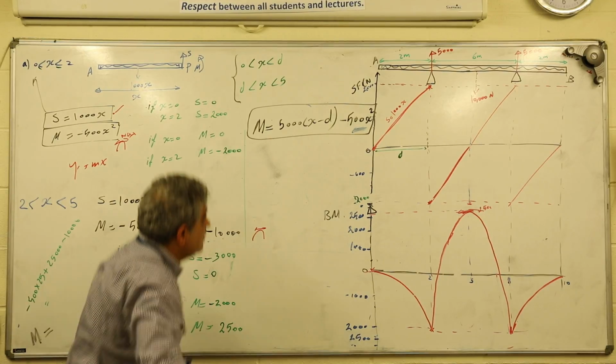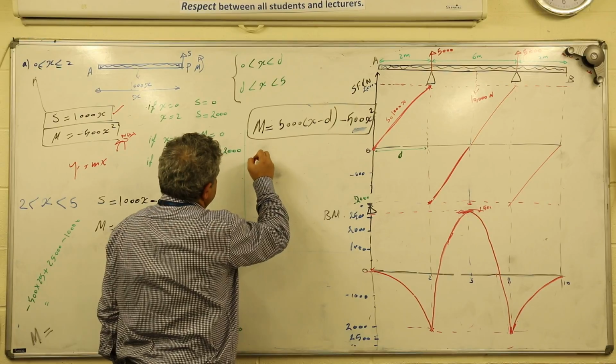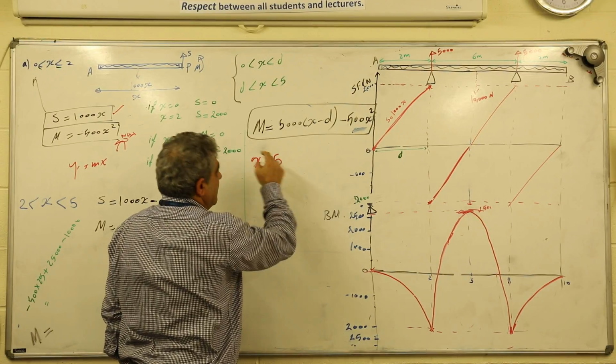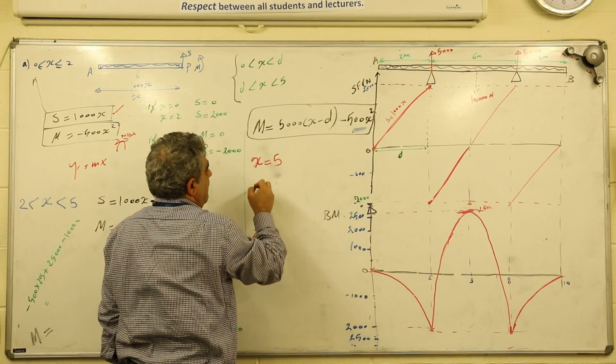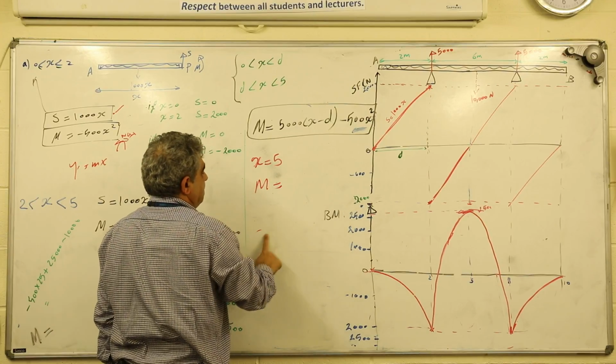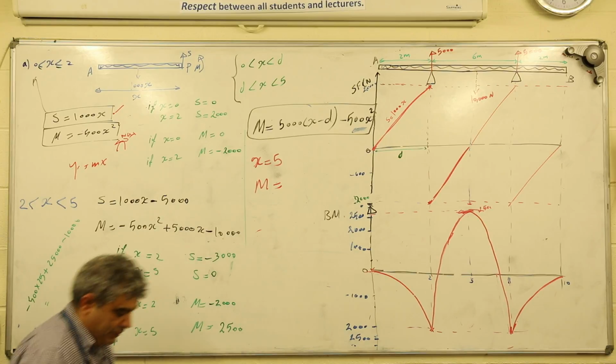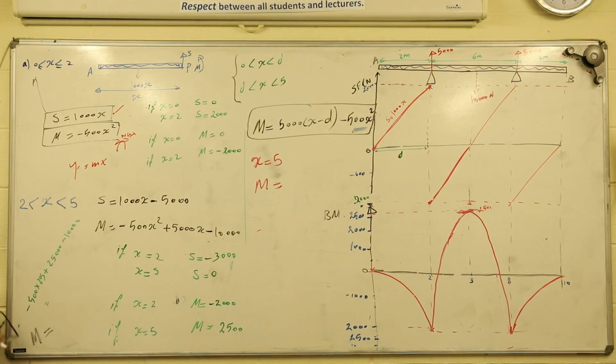Okay, so let's go x is equal to 5. If the equation would be like this, how much would it be for this situation? I mean the equation of the moment, not the value, because you don't have a d yet. 5,000 times 5 minus d minus 500 times 5 squared. Yeah, just work it out, please. When the x is equal to 5, solve it in terms of the d.